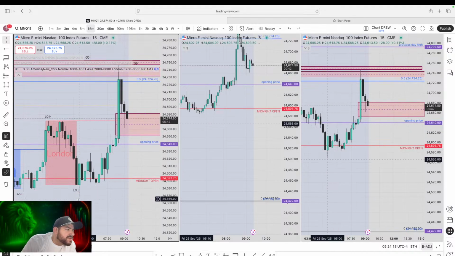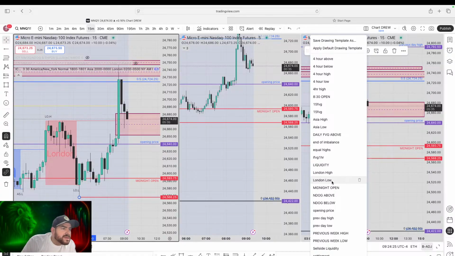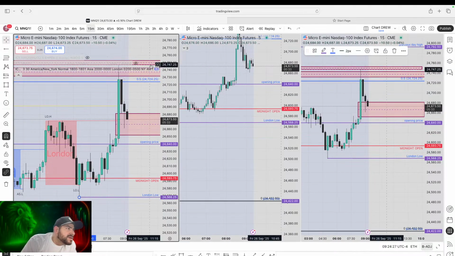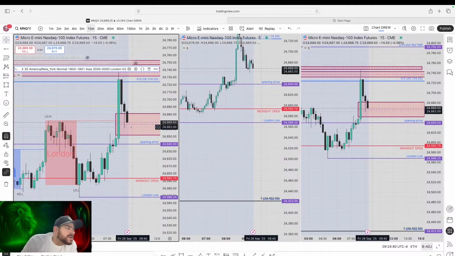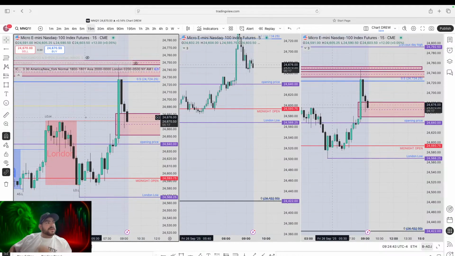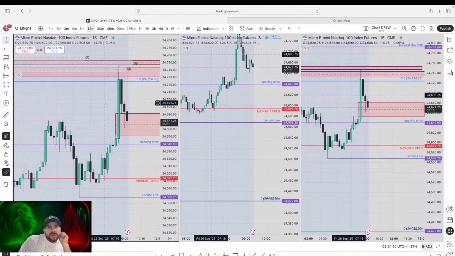That could be London low right there. I'm gonna mark that out. London low. 2 to 5 is kind of what I usually would imagine would be good for that. London 2 to 5. Okay, either way. So that's London low right there, which kind of expecting for it to hit it, to be honest with you.